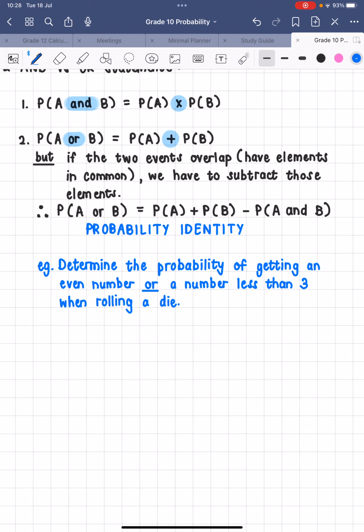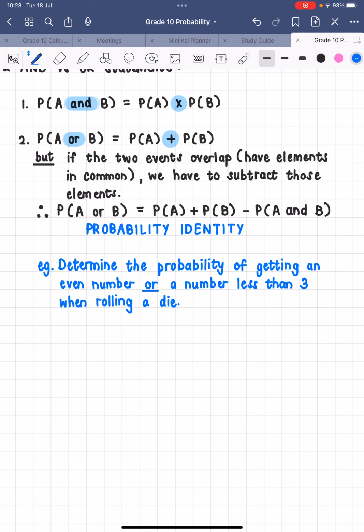Now guys, for this, you can actually do this question just by thinking about it. You don't have to use the probability identity. I just want to show you how it works. Okay, so can we just quickly think about that? If they're asking for the probability of getting an even number or a number less than 3, what numbers would that then be? Does one work?